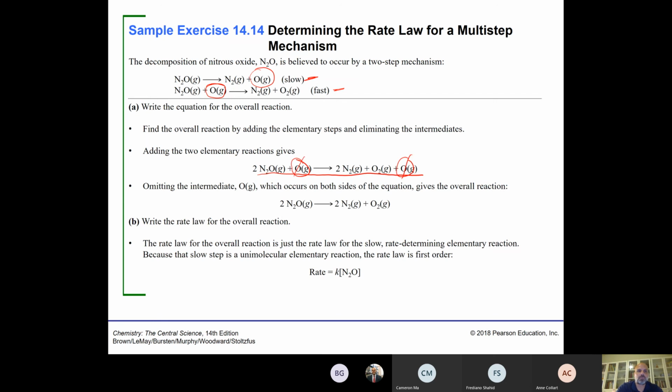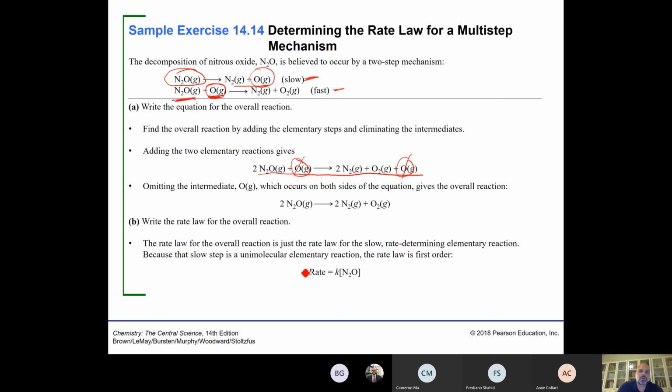But if we're looking at how this affects the rate, the rate of this reaction is going to be solely dependent on the amount of N2O in the first step that produces this oxygen intermediate, which then reacts in the second step to remove another molecule of N2O.